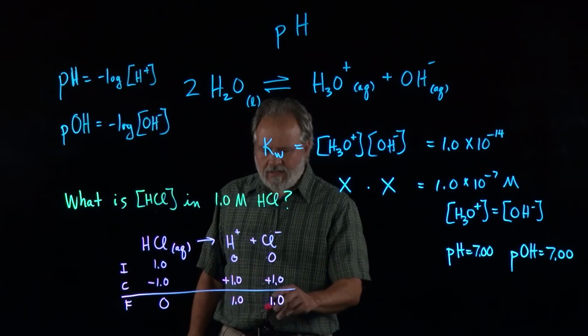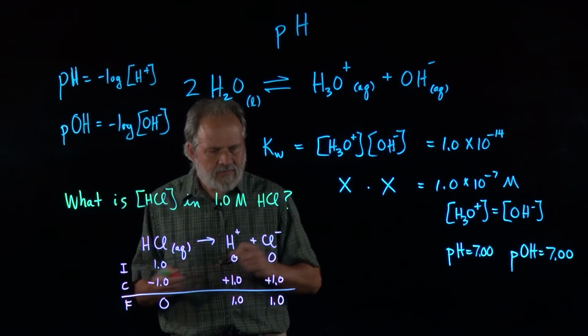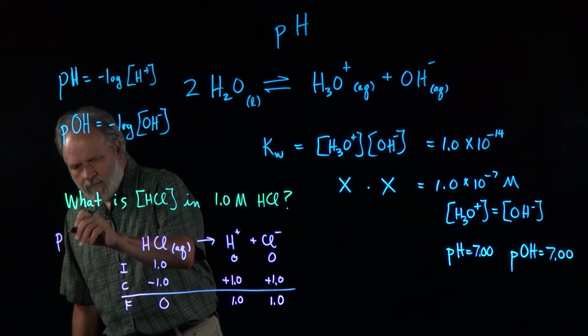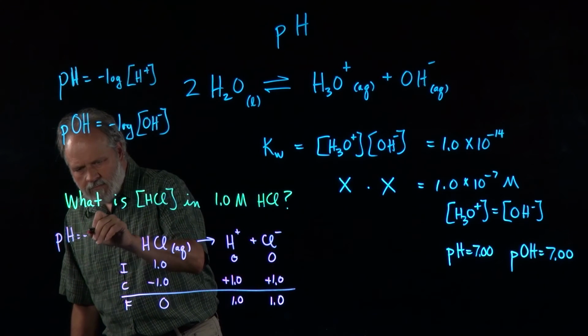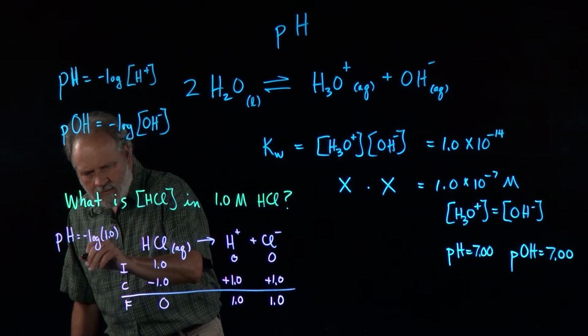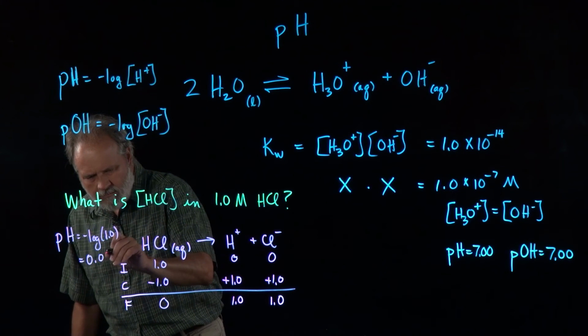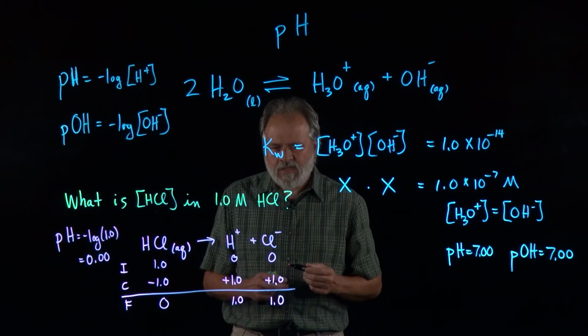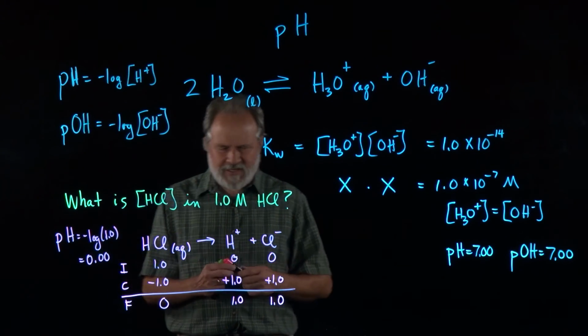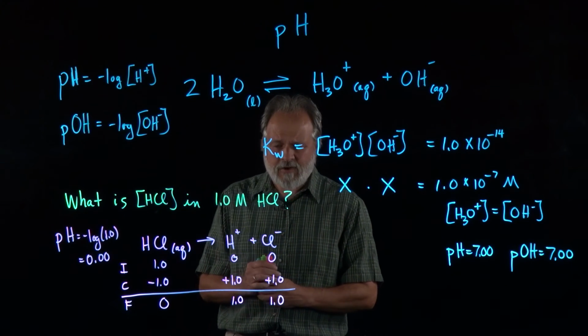All right, and so now H plus is 1 molar. The log of 1 is 0, and minus 0 is 0, and so the pH is 0.